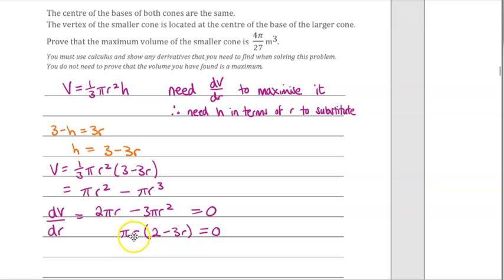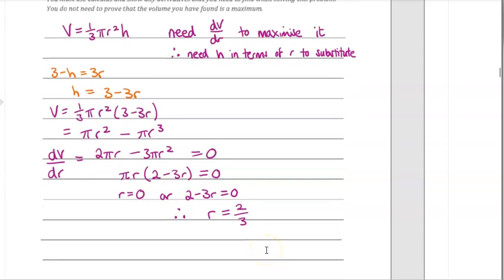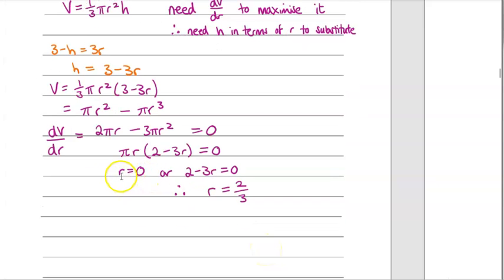Doing that, we can take out a factor of pi r and then set each one to be equal to 0 to solve it. So for this, pi r equal to 0, r must be 0, or 2 minus 3r is equal to 0, which means that r must be 2/3. Now, in the context of this question, r can't be 0 because we can't have a radius of 0.